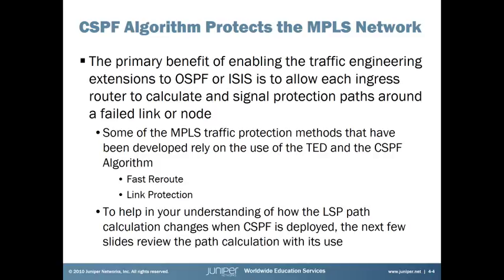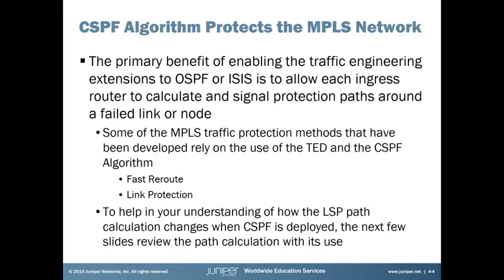What happens if that link fails? What CSPF does is it allows us to then say, that path is no longer available, let me find another path that meets your requirements, your bandwidth requirements, and I'll build you another path that has the bandwidth that you need.